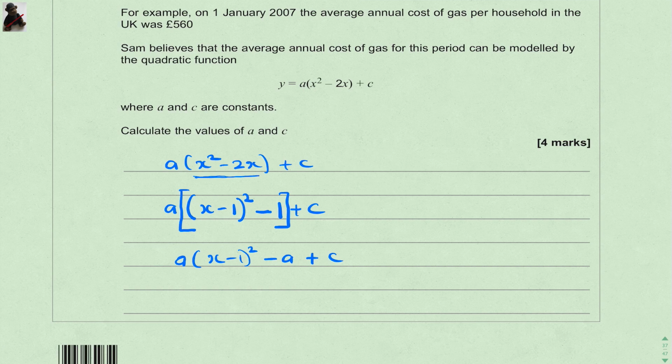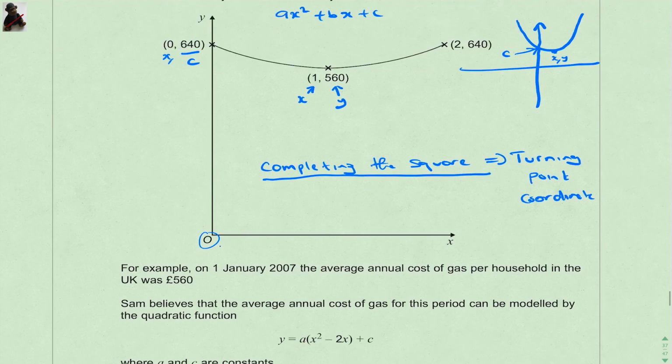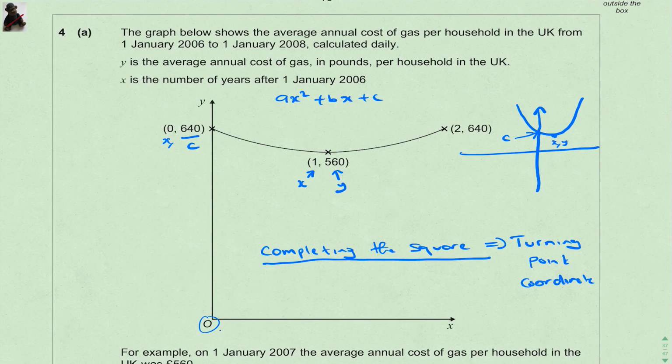At the turning point, x minus 1 equals 0, and therefore x equals 1. And we can see that here at the turning point, x equals 1.